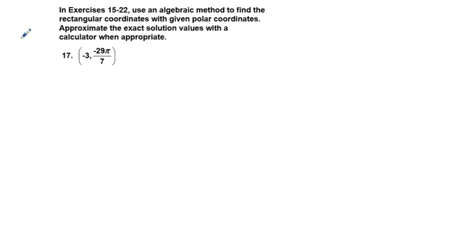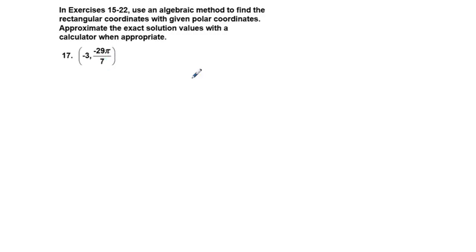Okay, next on our problem, which is 17, we have -3 and -29 pi over 7. So this is a little bit trickier because we don't have a standard unit circle measure of angle. A standard unit circle angle would be over 2, over 3, over 4, over 6.